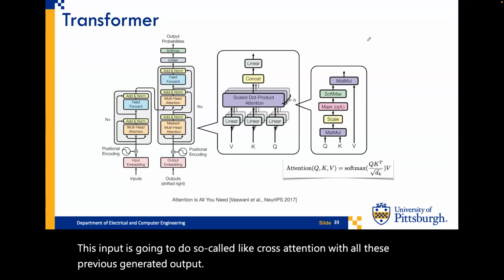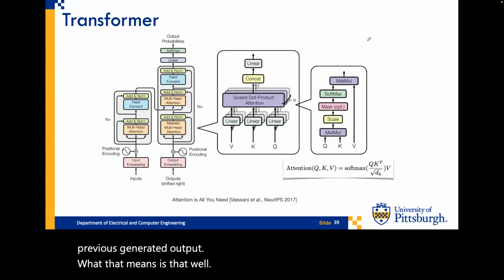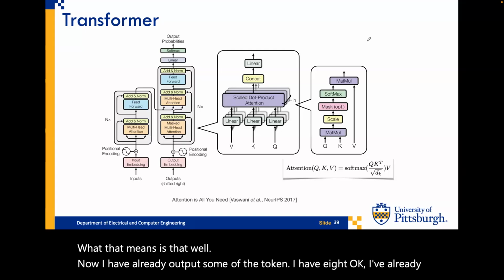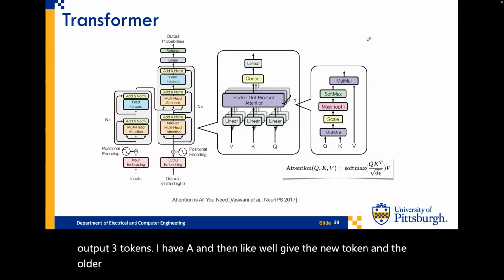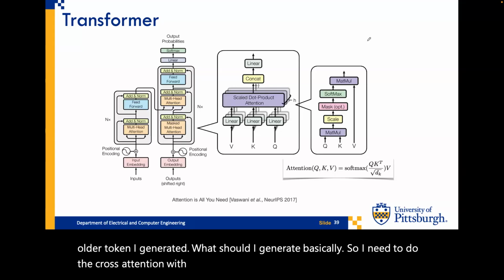What that means is that I have already output some of the tokens. I've already output 3 tokens. Given the new token and the older tokens I generated, what should I generate? So I need to do the cross attention with the new input and the output to see what I already output.